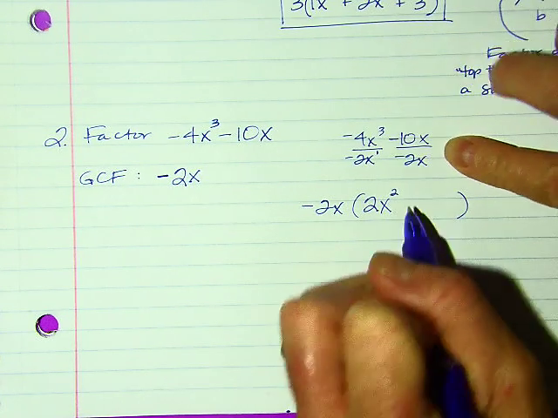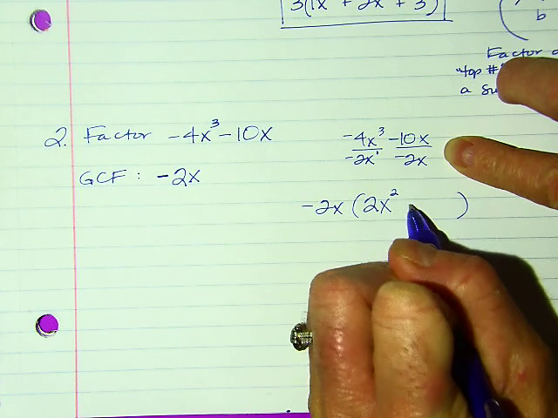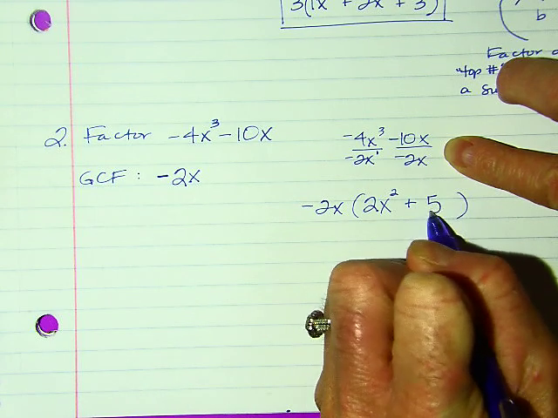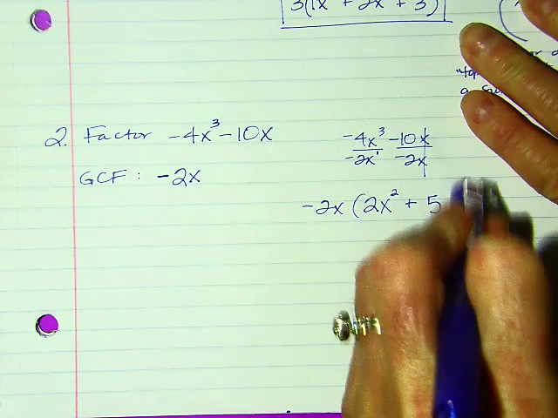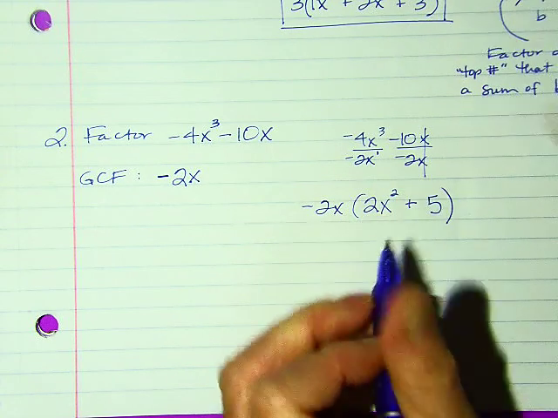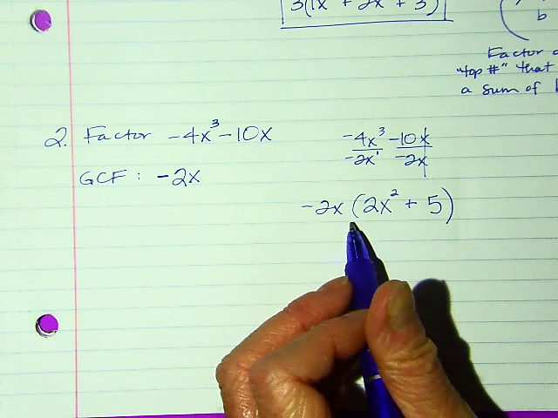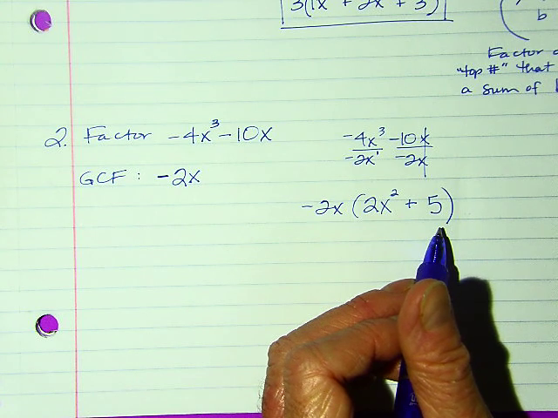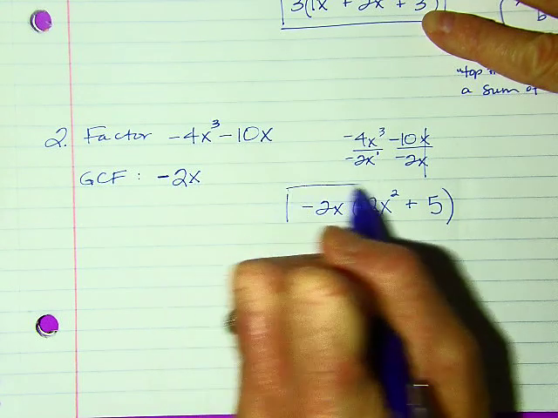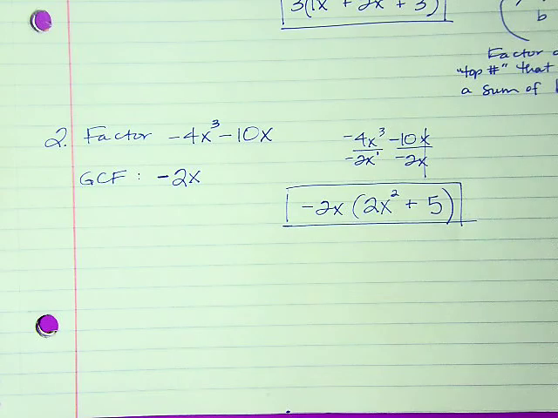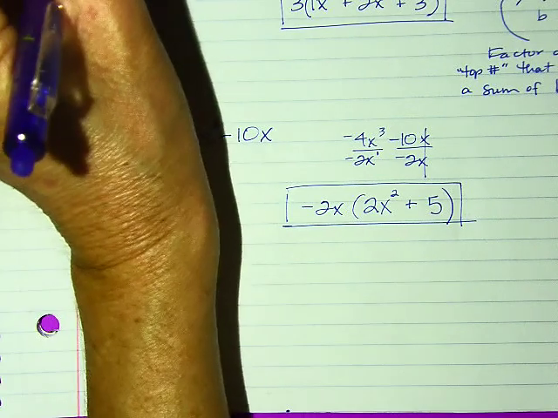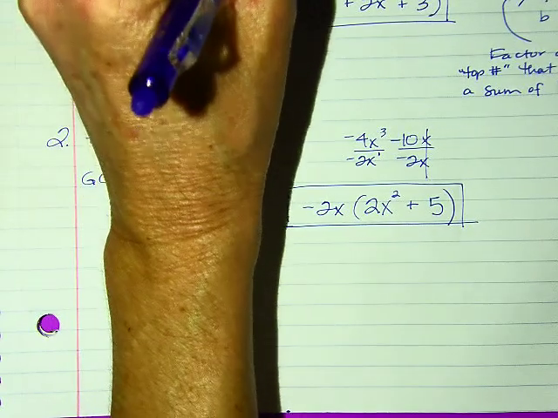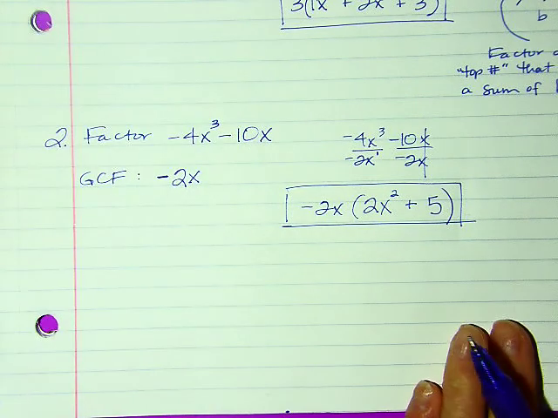For the second term, negative 10 divided by negative 2 is positive 5, and my x's cancel. And so I'm left with 2x squared plus 5. Now, 2 and 5 have nothing in common, and so this is as far as I can go. Okay? So this is for things where you can only take out a GCF.